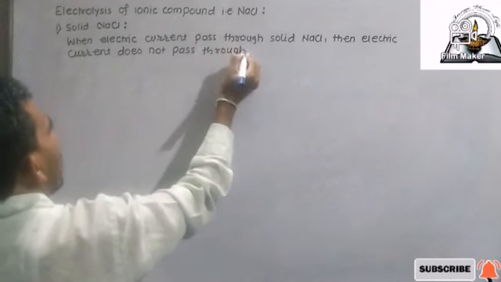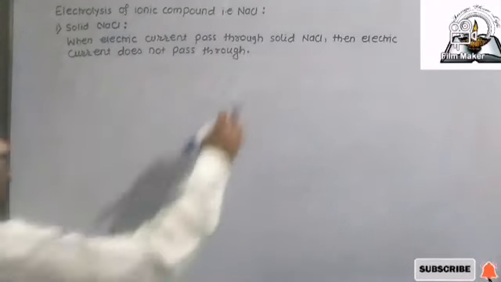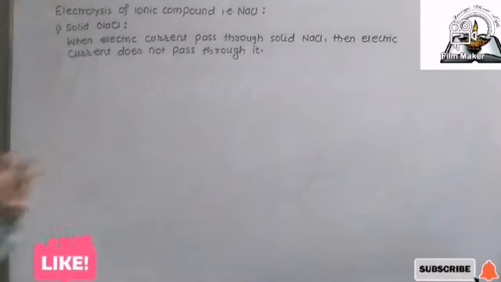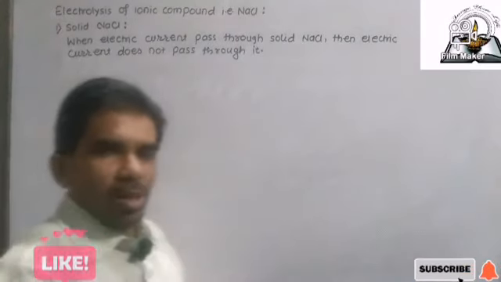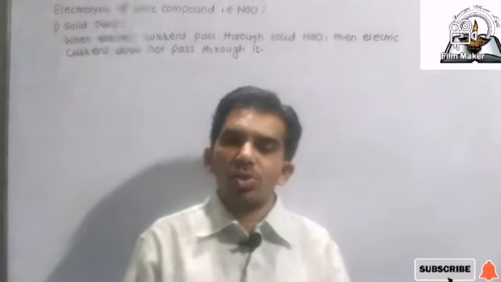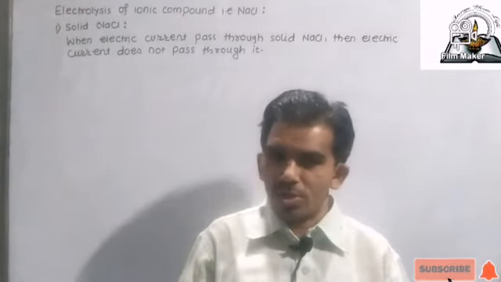It means it is a bad conductor of electricity. Why? Because in case of solid NaCl, as the solid NaCl is made up of strong intermolecular force of attraction, and due to this reason there is no space for the mobility of electron.